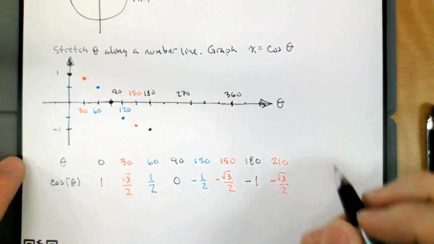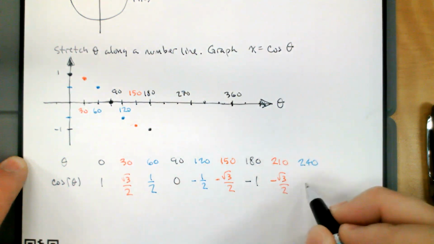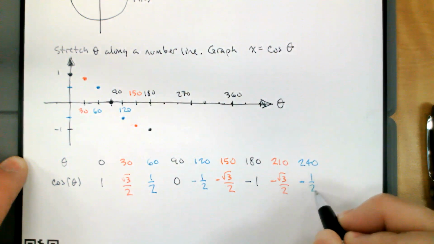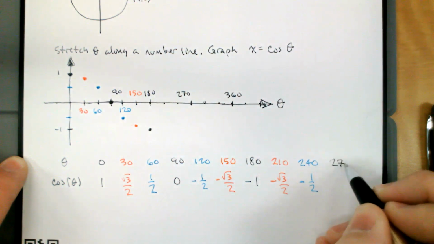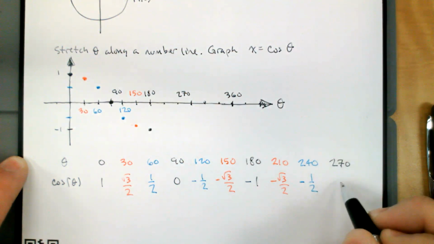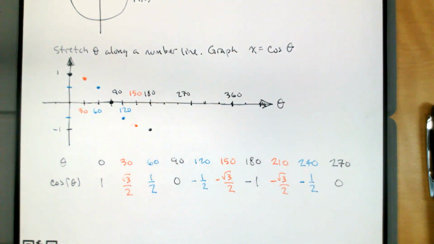After 210, 30 degrees later is 240. And cosine will be negative 1/2. And then at 270, cosine is back to 0. There's cosine going from negative 1 up to 0 in the third quadrant.